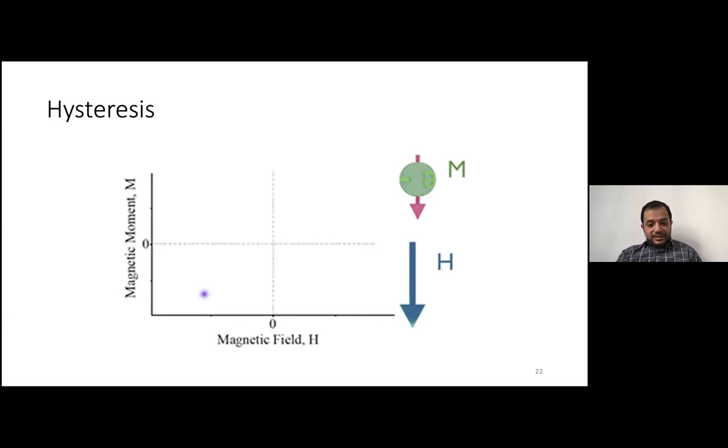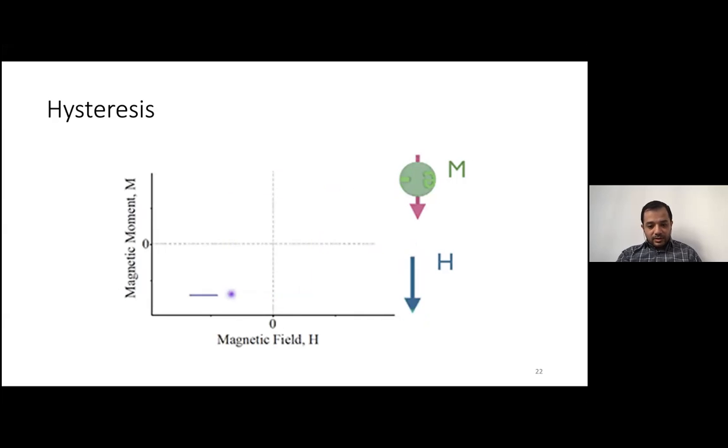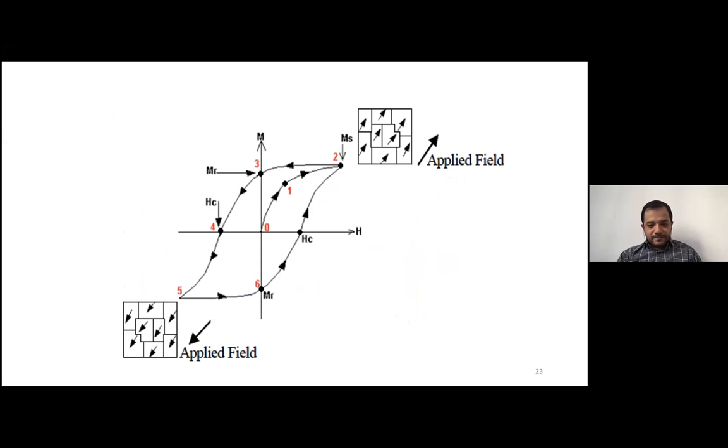There was a delay in losing the magnetization, and I'll explain this in the next slide. All right, so if we graph this, on the y-axis you have magnetization, and on the x-axis, you have the external field strength, right?